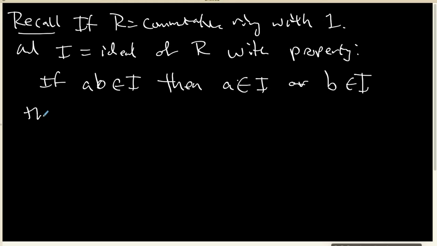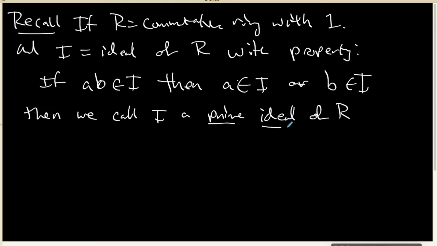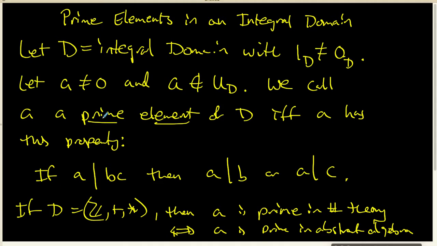If we had that, then we called I a prime ideal of the ring R. Now, we've got the same basic kind of property of something being a product saying that one of the elements inside the product has to behave. And there is a strong connection between these two definitions. The definition we just introduced: if A divides the product, then A has to divide one of the two things.